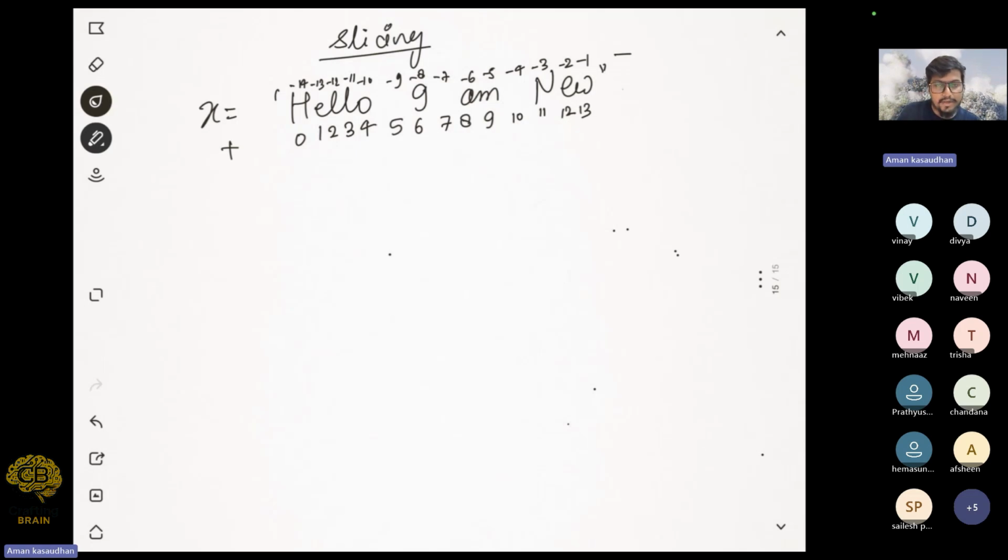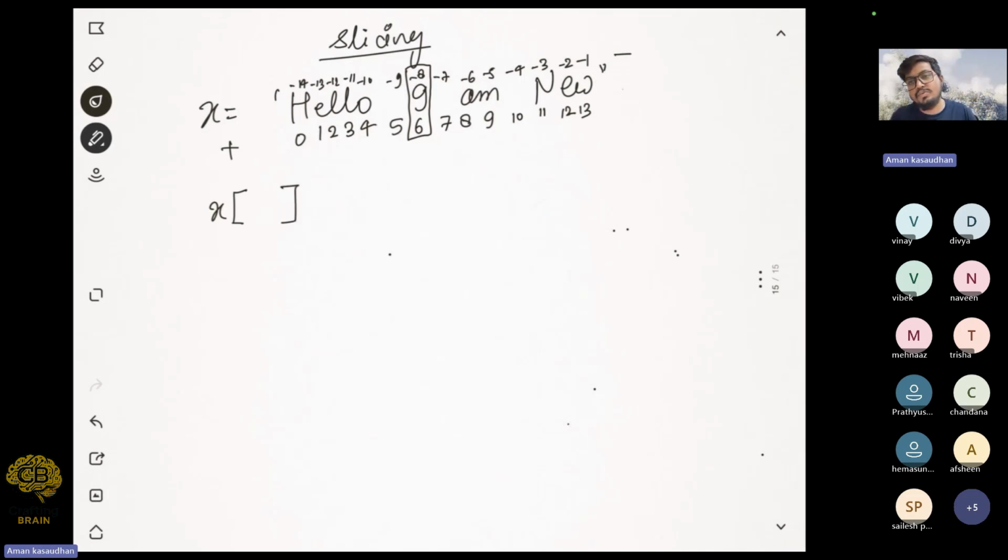So guys, if I wanted to access this I value, this I character, this I data from the complete X, "hello, I am a new", I just wanted to extract the I value. So how can I extract it? First of all, I will write my variable name X, and then I will give a square bracket.